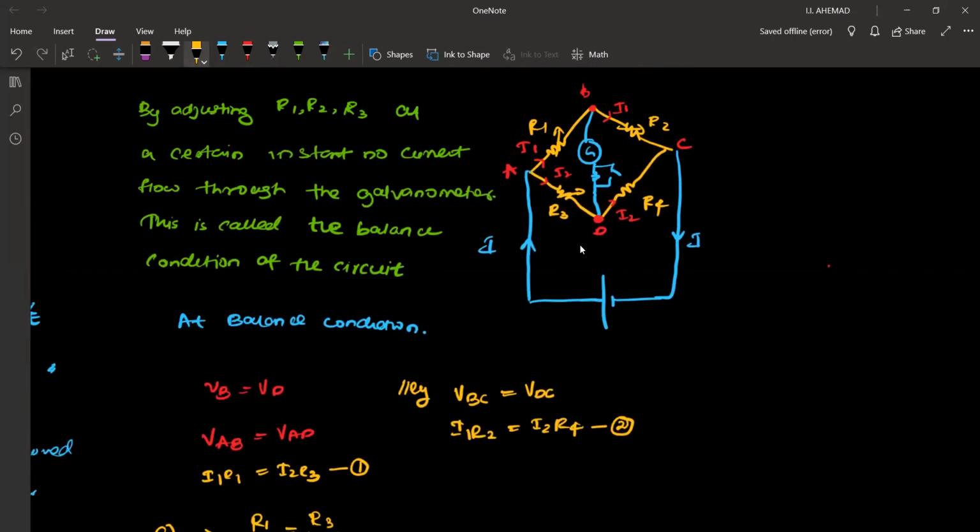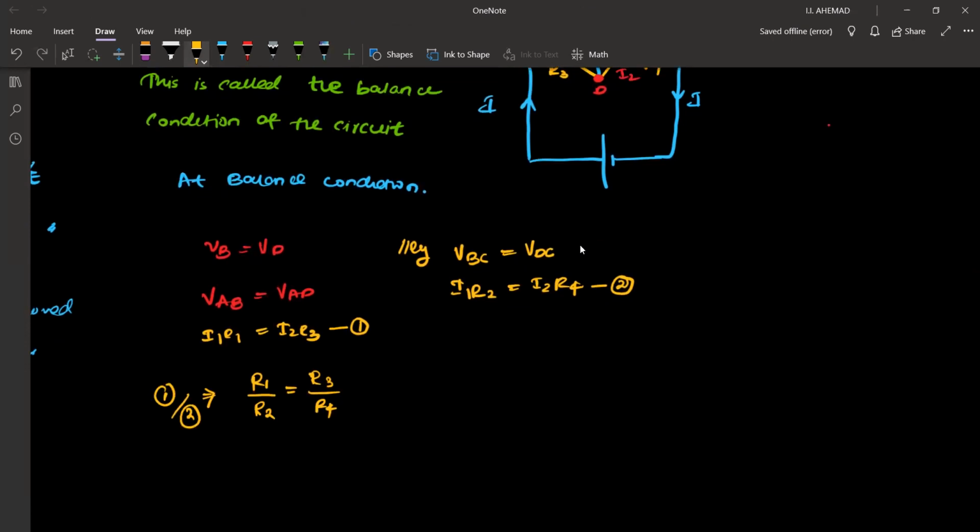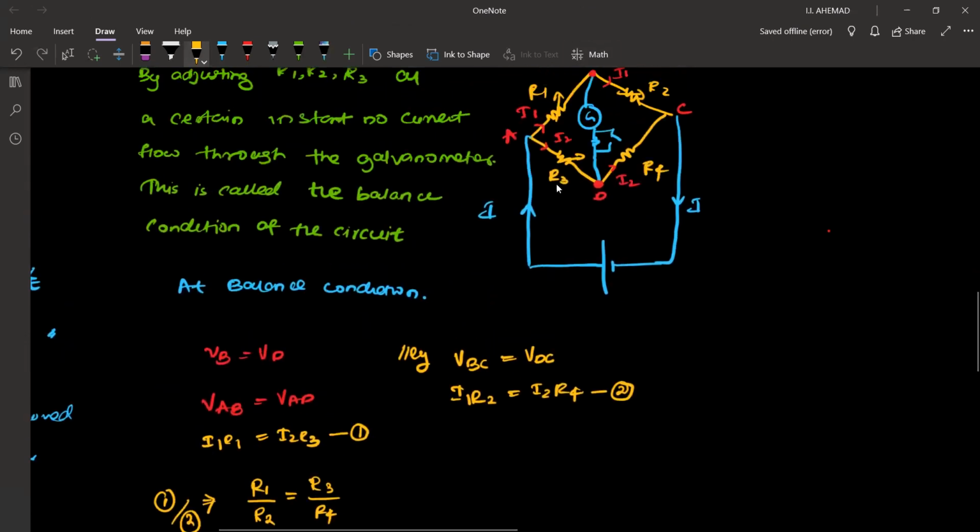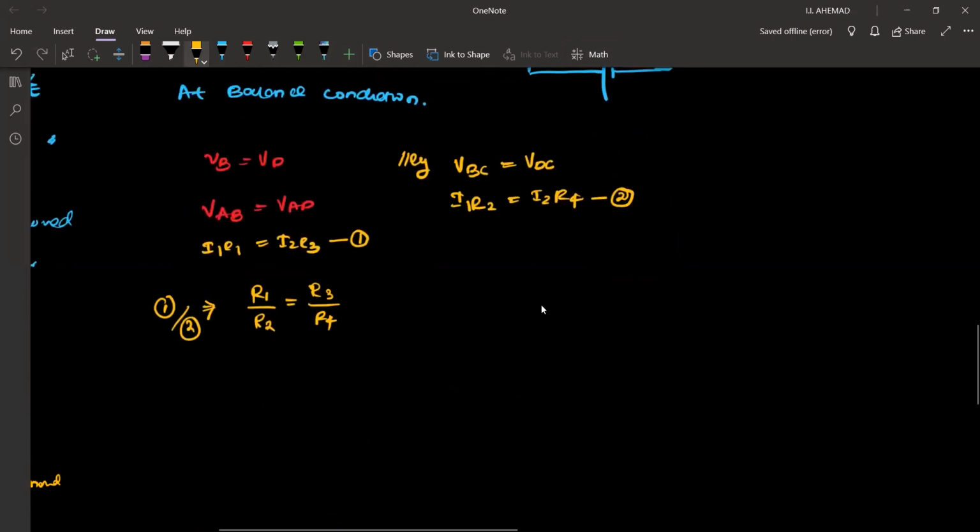When the resistors are in a ratio, then there was no current through the resistor that was at the center. It is the same idea over here. But what's special here? Here we are adjusting 3 of the resistors, keeping one of them constant. Okay, is the idea clear of a Wheatstone bridge?